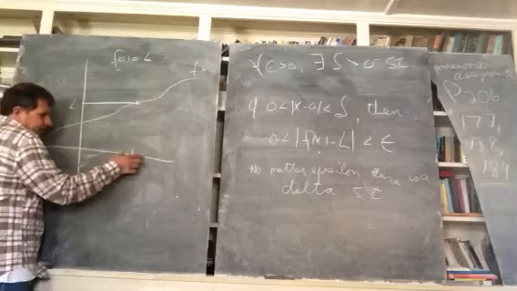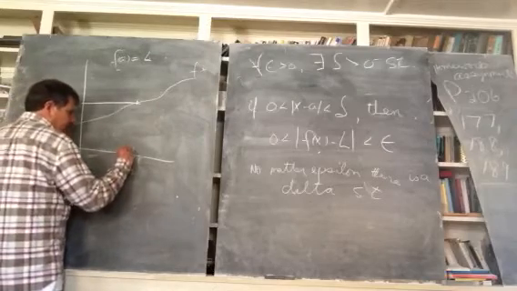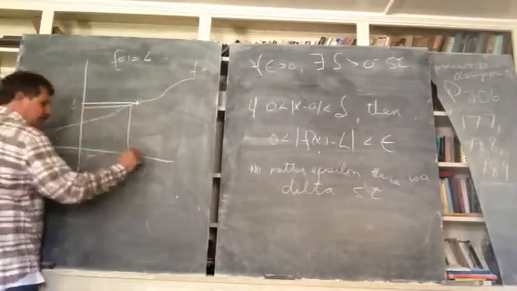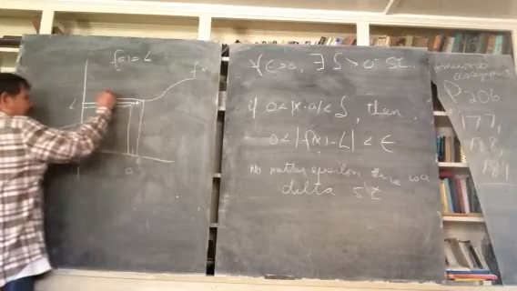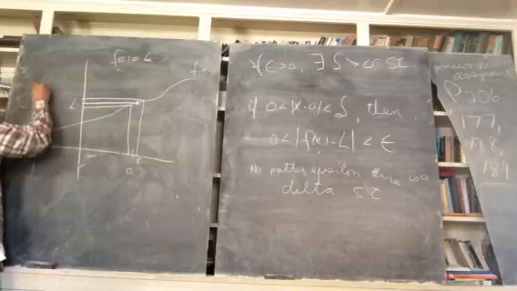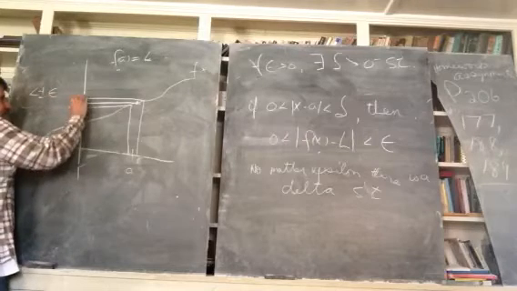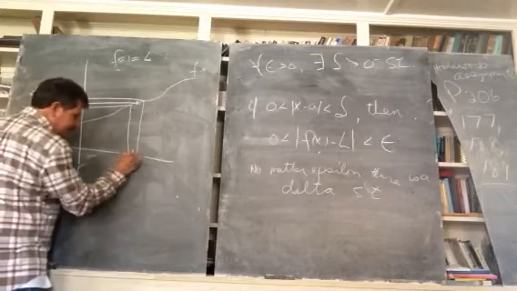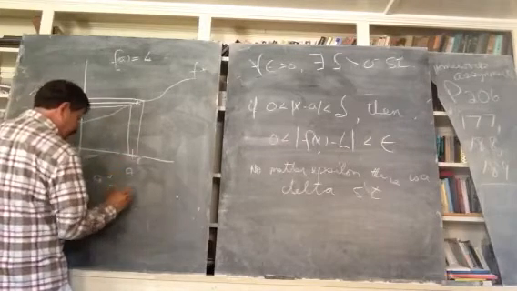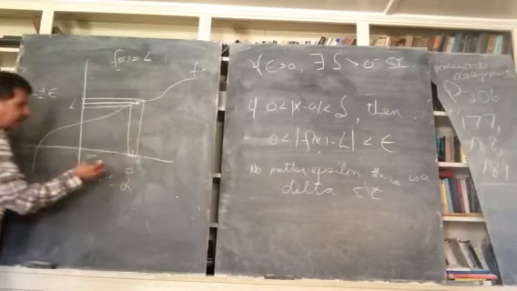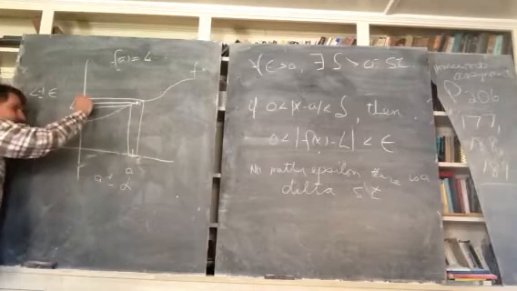We want a delta smaller and smaller. If you choose that delta, that corresponds to f. This is L plus or minus epsilon, so this distance is epsilon. This distance is a plus or minus delta.